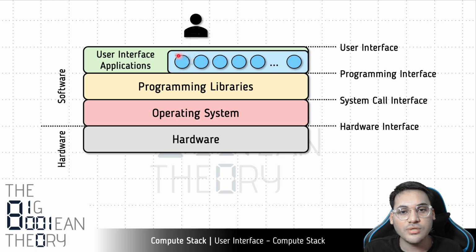So the user experience is highly determined by the kind of interface application that the user is using. Finally, the interface of these applications is called the user interface. This is the interface with which all the users of the computer system will interact, right? So this was about what the user interface applications are.